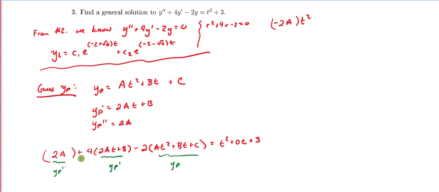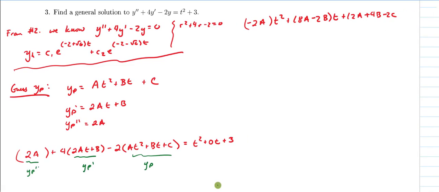Then I'll group together all the linear terms, and I've got plus 8a, because that's a linear term right there. And I've got a minus 2b linear term, so my 8a minus 2b times t. And then if I group together all the constant terms, I would have plus 2a plus 4b minus 2c.